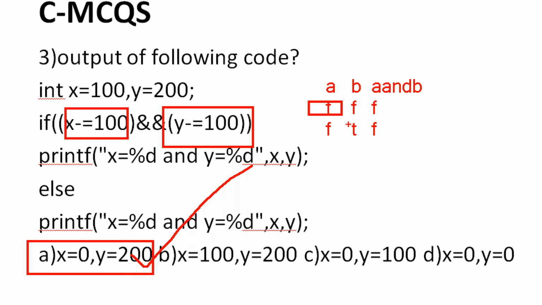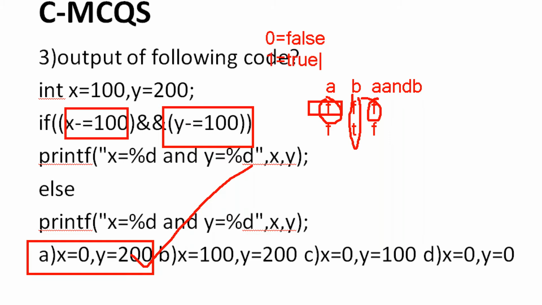False and false, you will get false. So if the first expression is false, irrespective of the second one, the overall assumption is false. That is why in C language 0 represents false and 1 represents true.